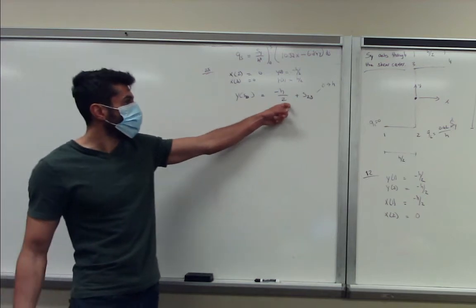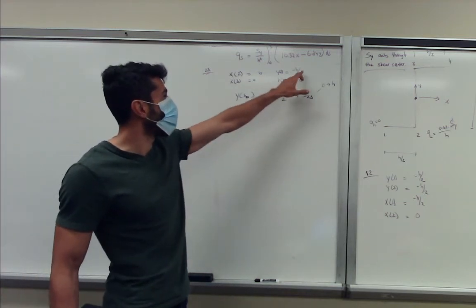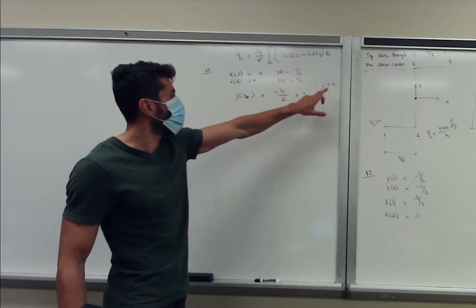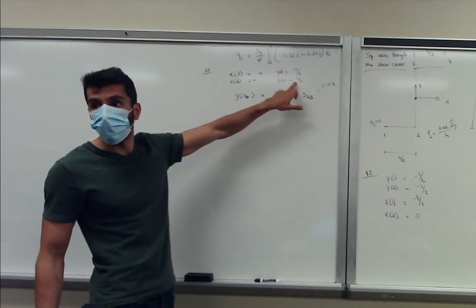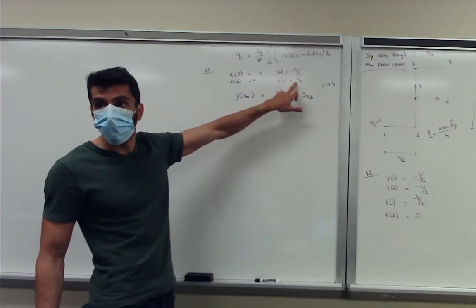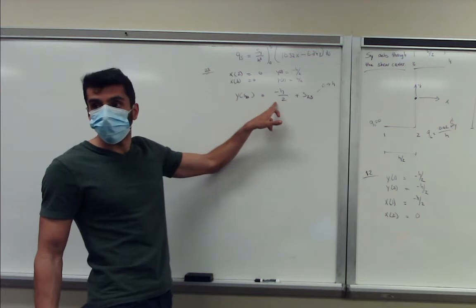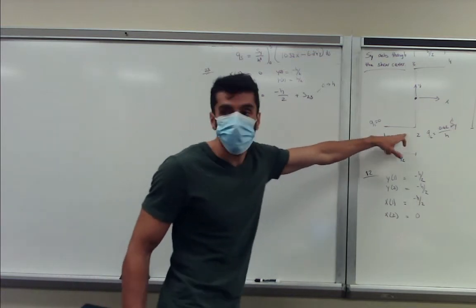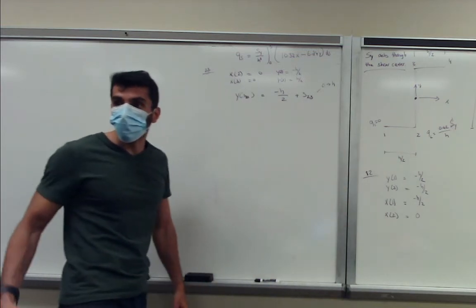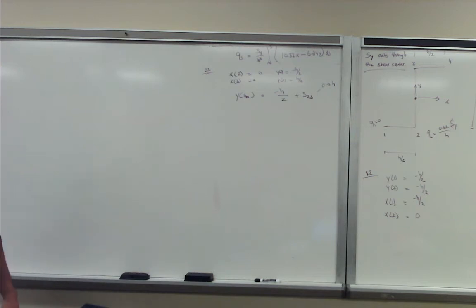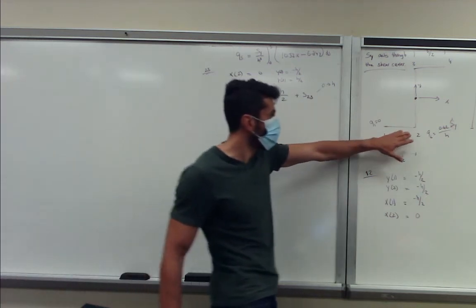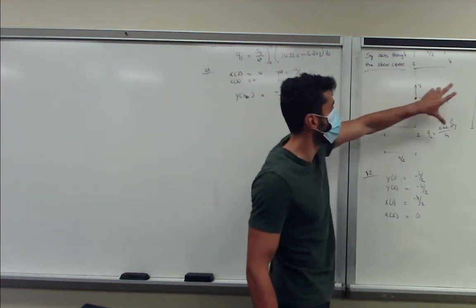This is our starting point. When we plug in 0, we get our starting point, and when we plug in h, we get our end point. That corresponds to our coordinate system. S23 in this case goes from 2 to 3, which is the distance h.